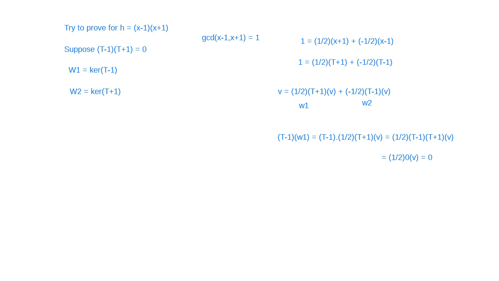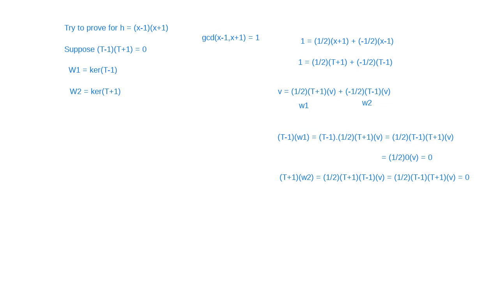And t plus 1 does the same thing to w2. If you work it out, you get a half t plus 1, t minus 1 of v, which is the same as a half t minus 1 times t plus 1 of v, which is just 0, because t minus 1 times t plus 1 is 0.